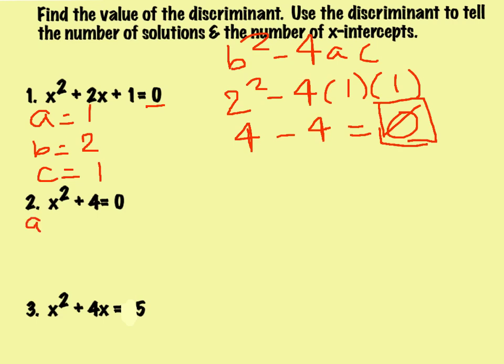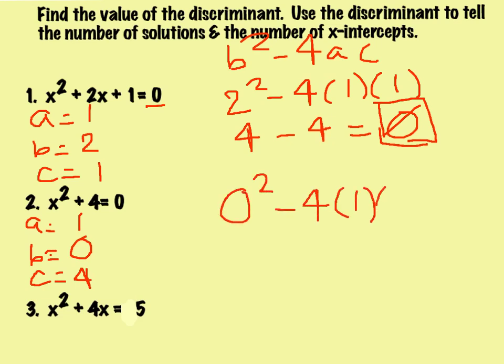Again, I have to identify a, b, and c. a is 1, and in this case, I don't have an x term, so that means b is 0, and c, my constant, is 4. I'm going to substitute this information into b squared minus 4ac. So I'll get 0 squared minus 4 times a times c, which is 0 minus 16, or negative 16.